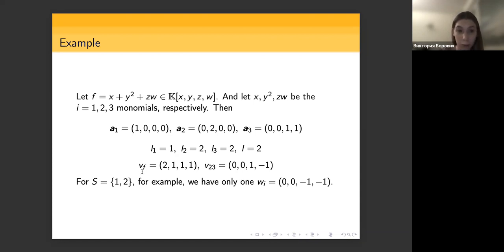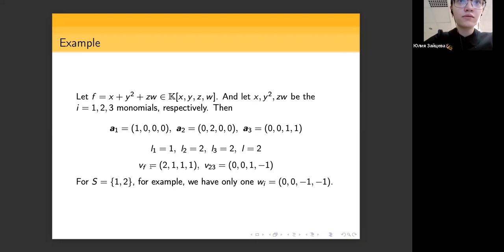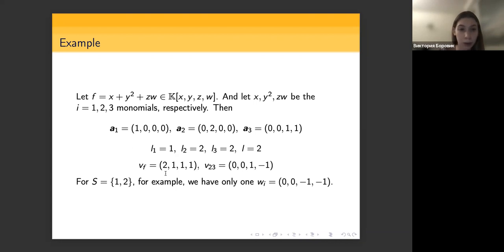So what about vector v sub f? We will put on place 1 the number 2 divided by L1, because place 1 is the support of A1. We will make the second coordinate 1, because it is the support of the exponent A2, so we need to divide our L by L sub 2, and we obtain 1.